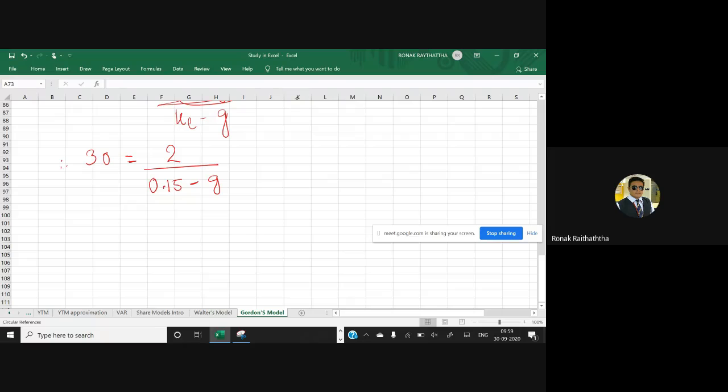So therefore, taking this over there on the left hand side, 0.15 minus G multiplied by 30 equal to 2. Can someone give me the final answer? I do not want to solve this further now. Once you get the final answer, please update me with that.